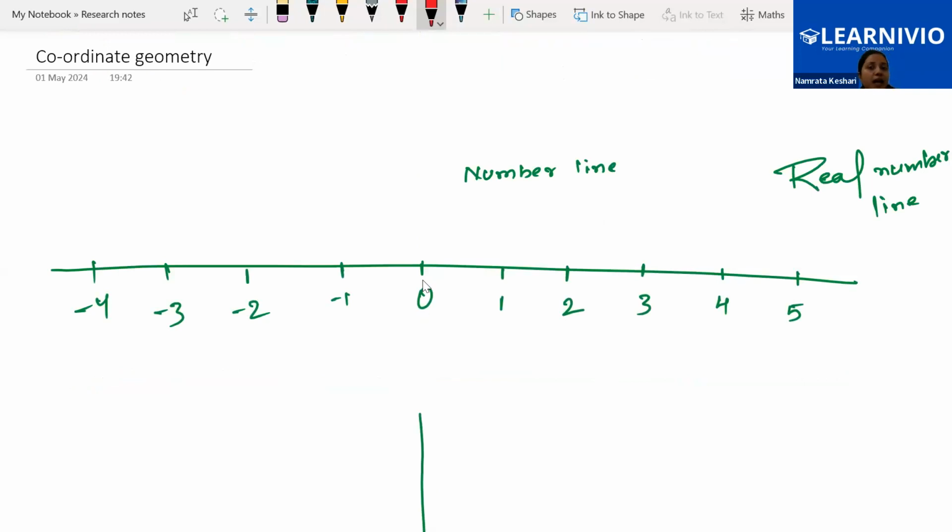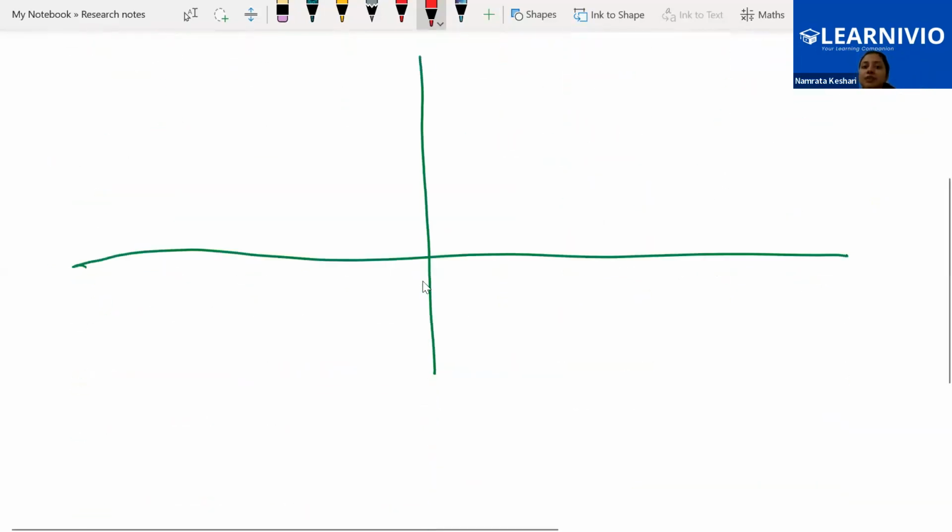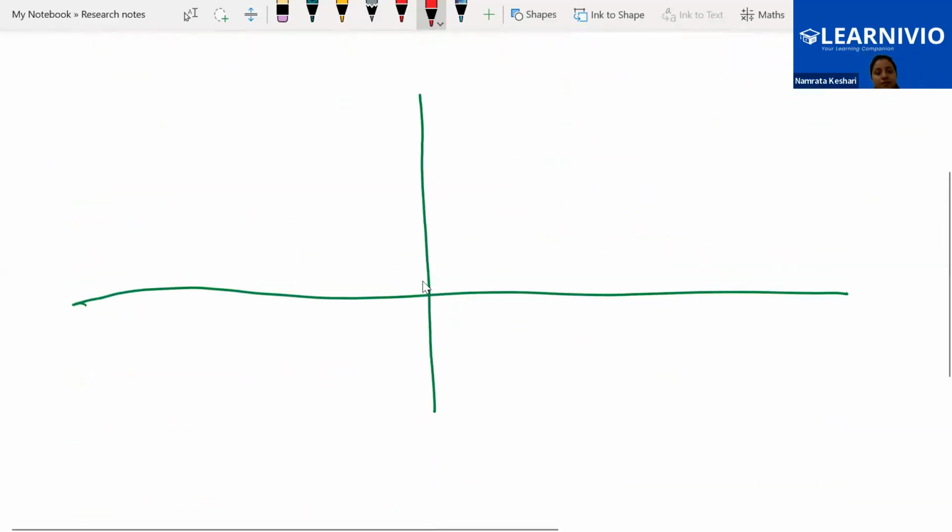Two number lines I have taken, and we have kept them by maintaining a condition that 0 and 0 of both lines must lie on each other. So 0 of the vertical line and 0 of the horizontal line are lying on each other.